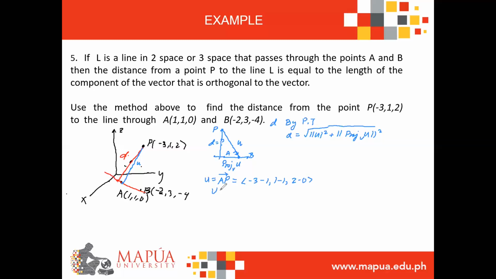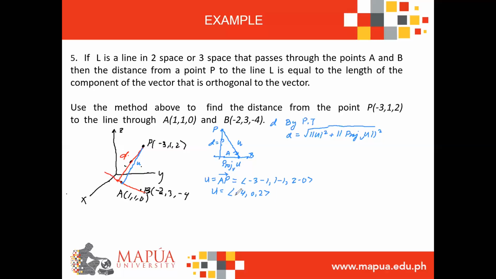So vector U will have -4, 0, 2 as the components of your vector U, or line segment AP.